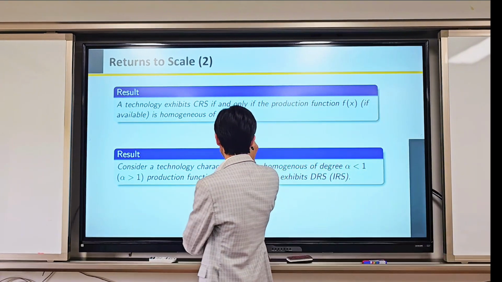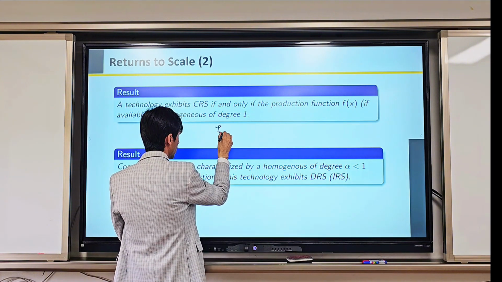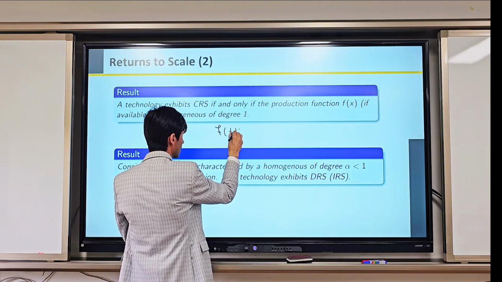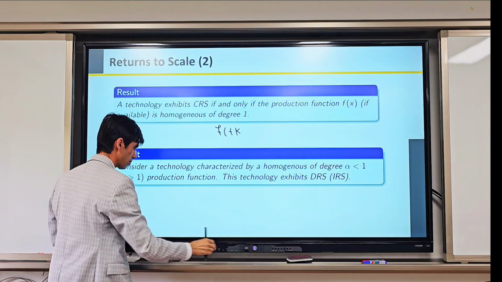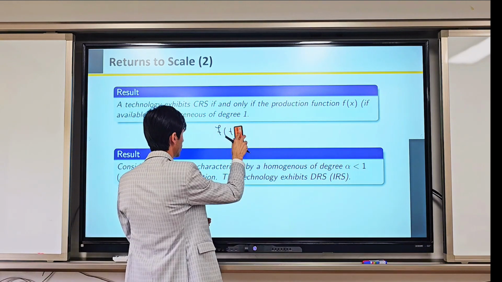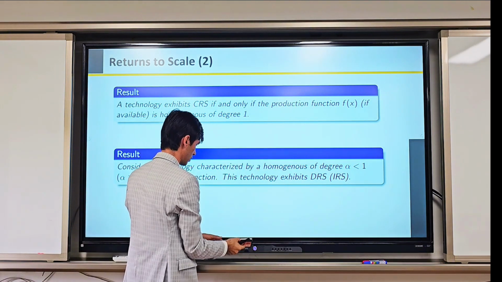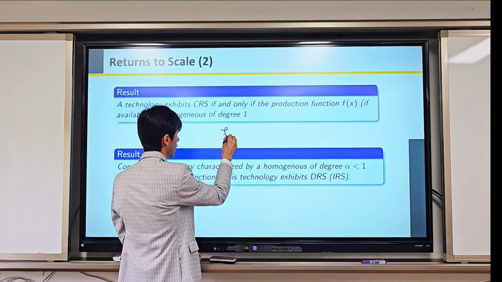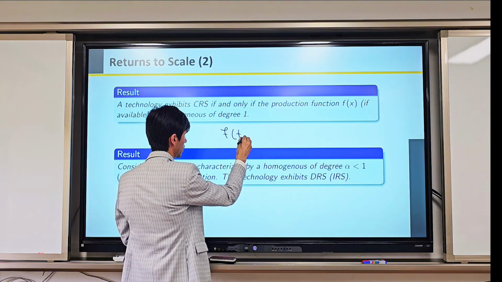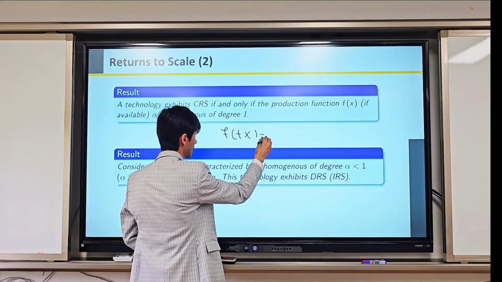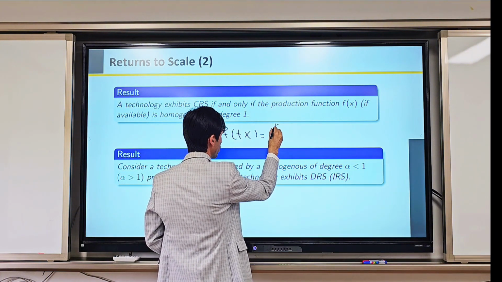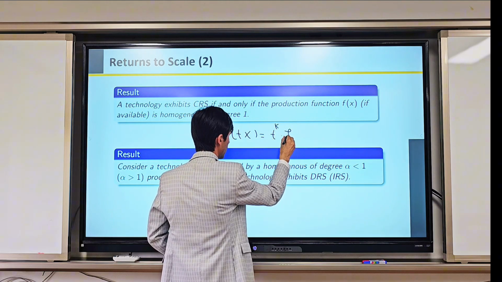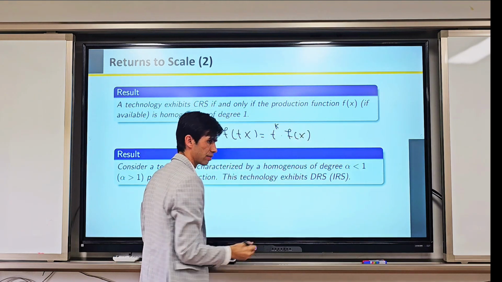For example, f of tx is equal to t to the power of k f of x.